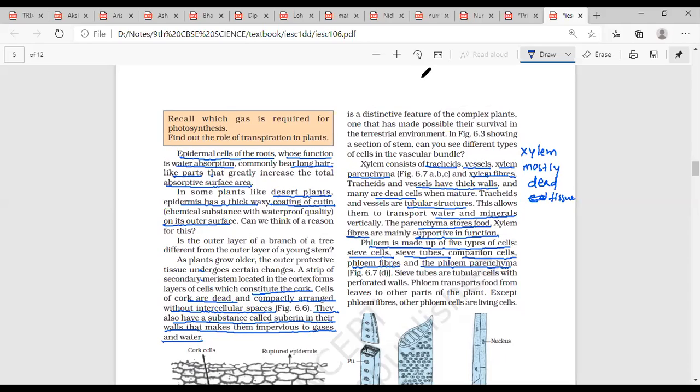Ma'am, can we write a differentiating point that xylem has 4 constituents and phloem has 5 constituents? Yes, xylem has 4 and phloem has 5.